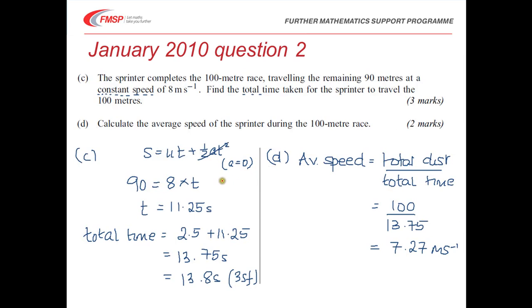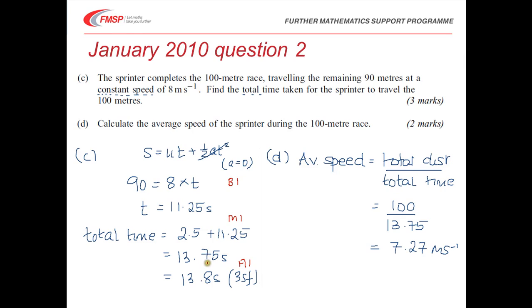And in part C there was a mark independent of method for constant speed, so that distance is equal to speed times the time, just for that. And then a method mark for realizing that you had to add the 2 times together for the 2 parts of the race, and the accuracy mark for getting your answer of 13.8, or in fact 13.75.